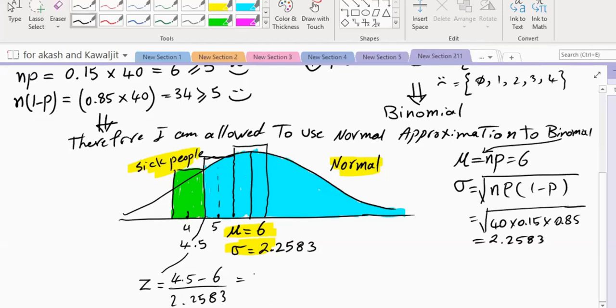So Z is minus 0.66, that's it, 0.6642. Very good. So now please go to the table and find Z equal to 0.66.